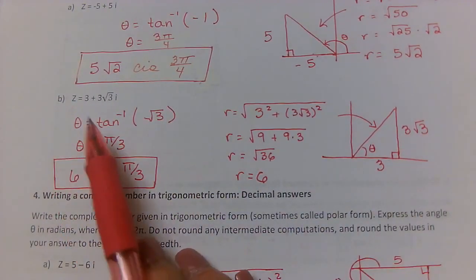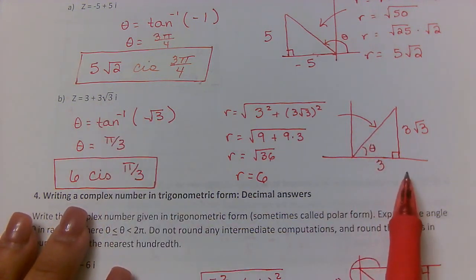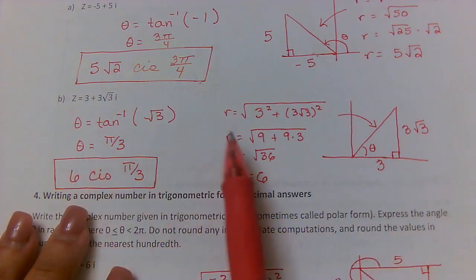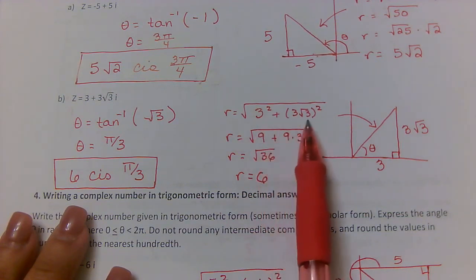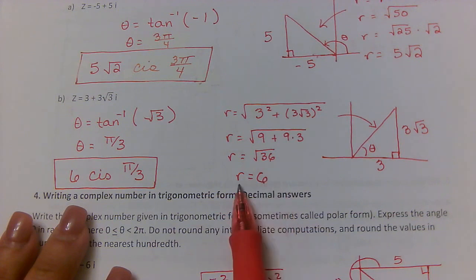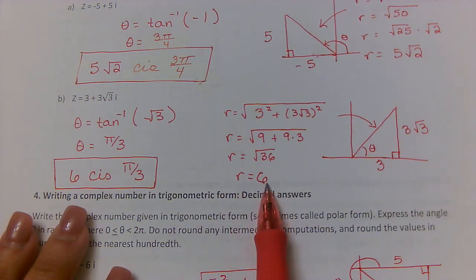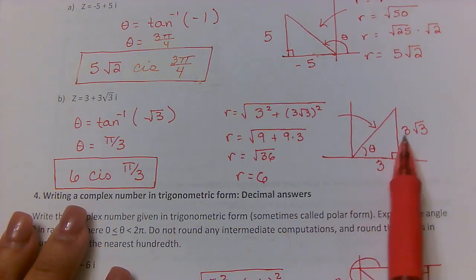Same thing for number B. This is going to be in quadrant 1 because you have positive 3, then you're going up 3 square root of 3. So the first thing I did was find r. Okay, so 3 squared plus all of this squared ended up being 36. Okay, square root of 36 is 6. Found tangent, opposite over adjacent.